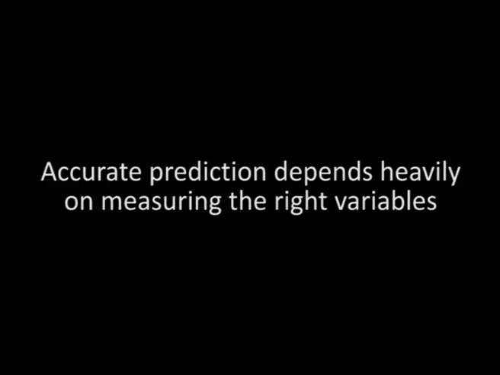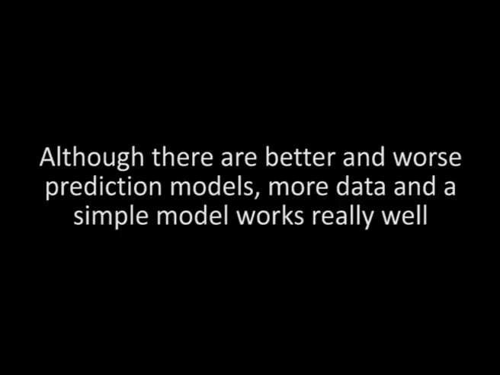Accurate prediction depends heavily on measuring the right variables. Although there are better and worse prediction models, more data and a simple model works really well. Prediction is very hard, especially about the future. Type of data set applied to: prediction study data set, a training and test data set from the same population.